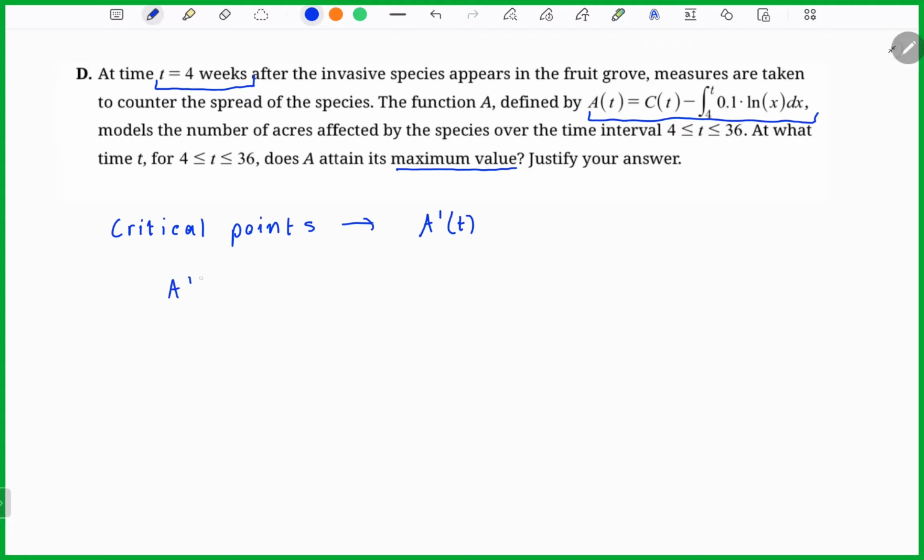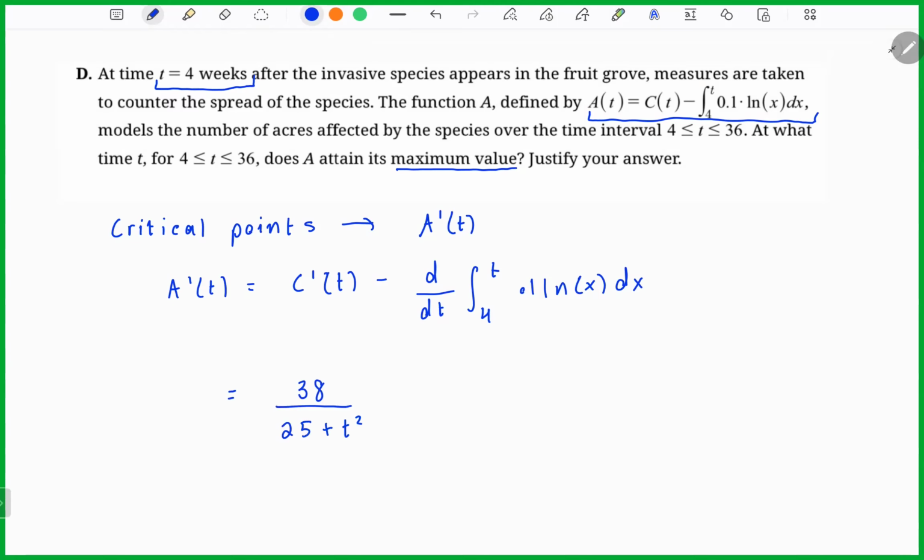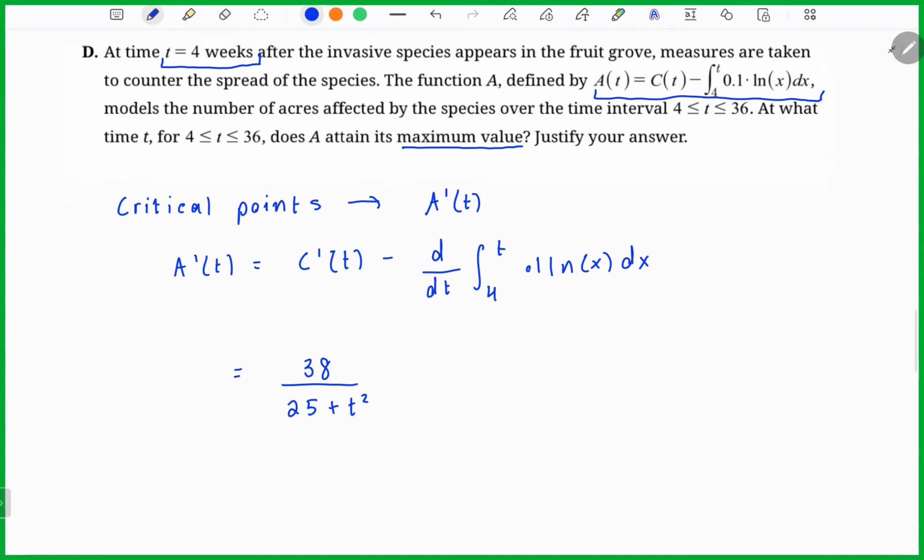So A prime of t is equal to C prime of t minus d by dt of the integral 4 to t of 0.1 ln of x dx. Now we already know the value of C prime of t, that is 38 over 25 plus t squared. And using the fundamental theorem of calculus, we can easily compute d by dt of our integral. That will simply give us 0.1 ln of t.